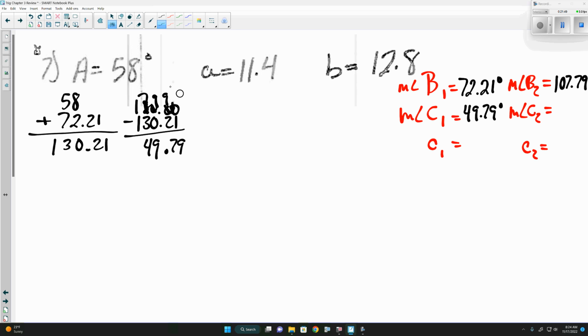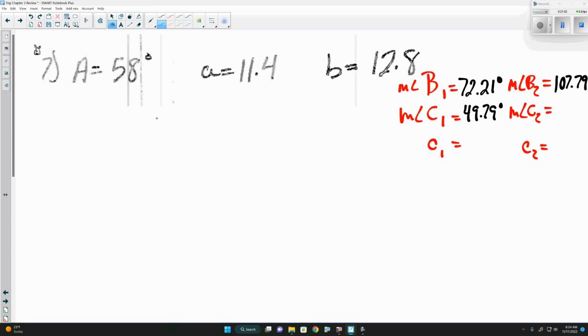Then we can do the exact same thing to find the other angle C. So we do 58 plus 107.79. Add these together, we get 165.79, and subtract that from 180.